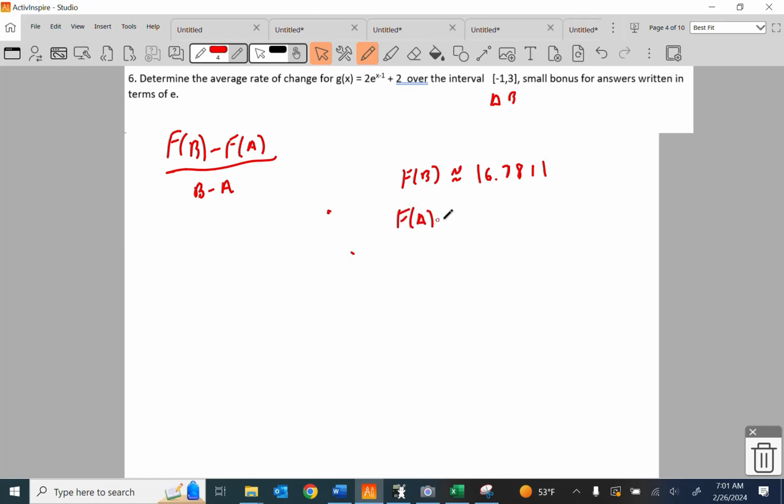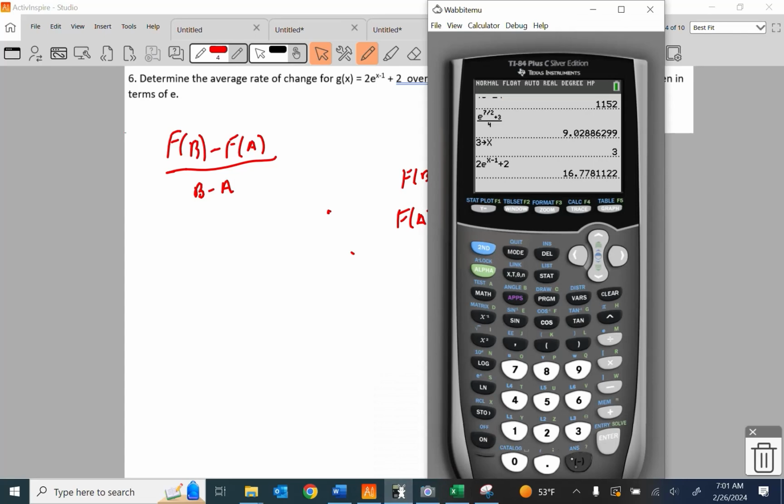F of A, again using the storage feature. This time I'm going to take a negative 1, store to x. Up, up, up, up, enter, enter. It is about 2.2707.